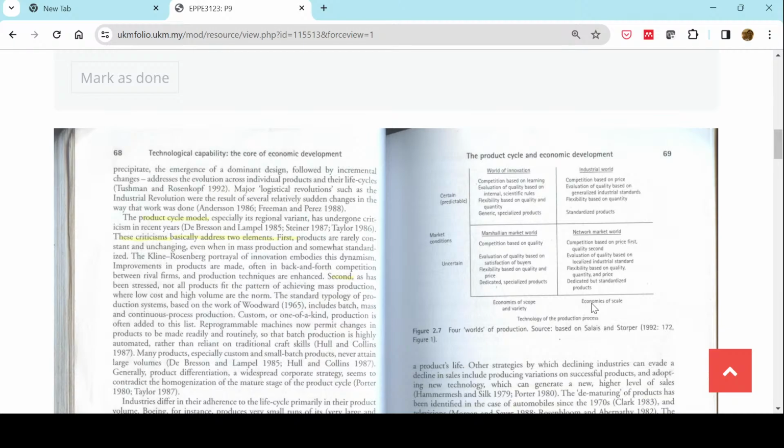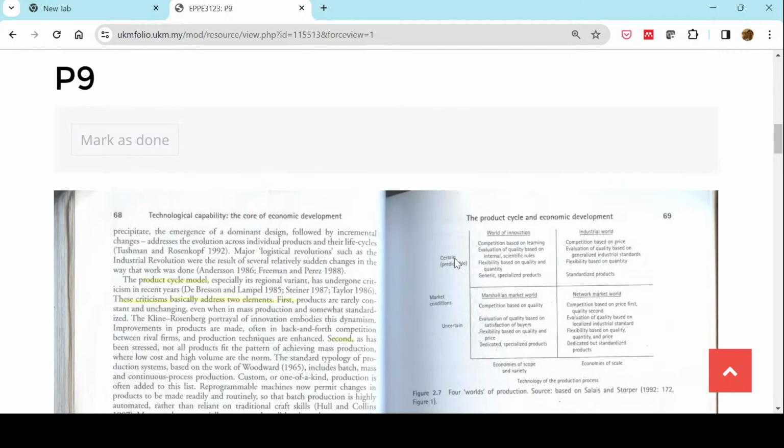Given the capital, everyone can produce it. This is industrial world, predictable, but it is based on the quantity. The more quantity that you produce, you achieve economies of scale.